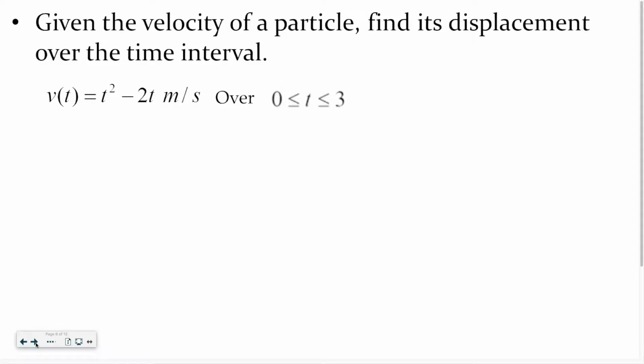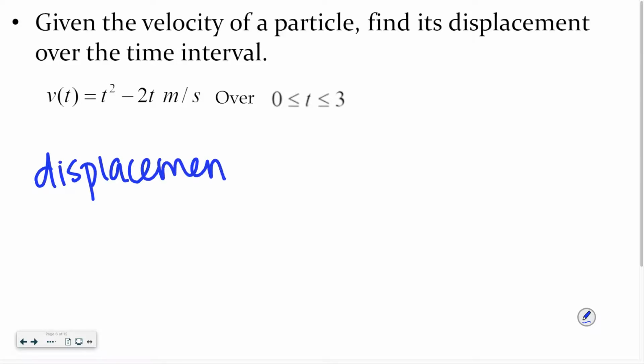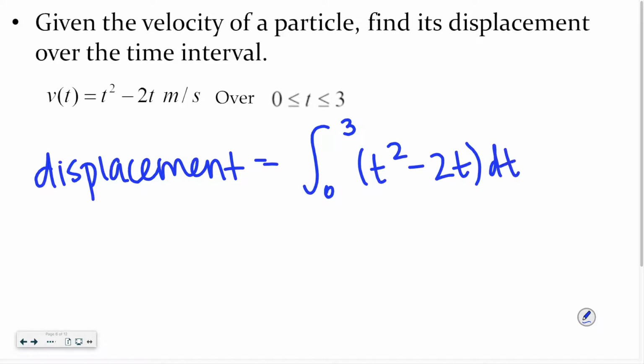So if we want displacement, we're going to take the integral from 0 to 3 of t squared minus 2t dt.